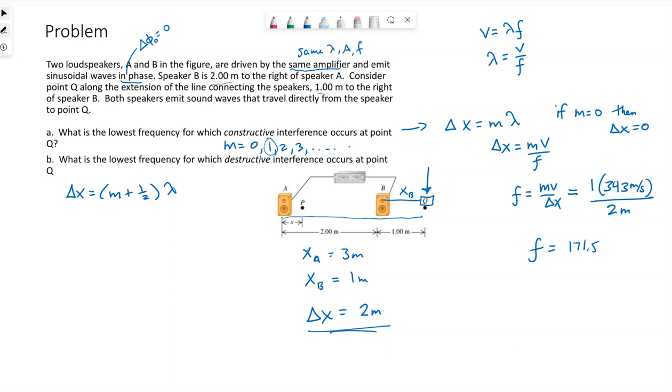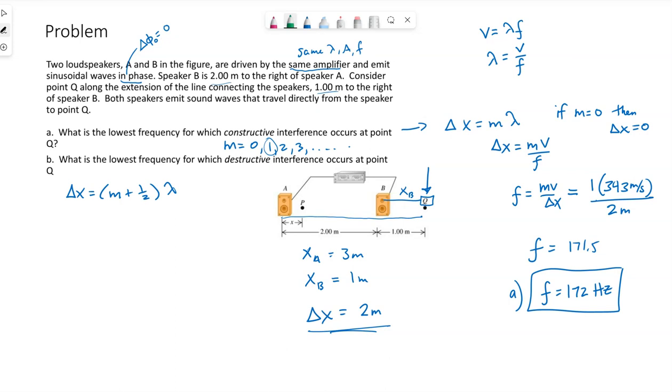So 2.00, 1.00. So 172 hertz is the lowest frequency for which constructive interference occurs. And we specifically mean perfect constructive interference, where the amplitude is going to be twice what it was for either one individually.